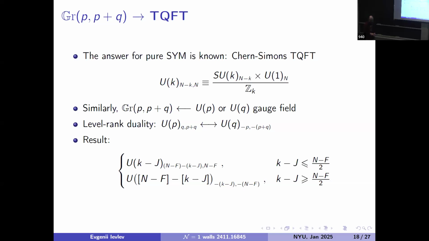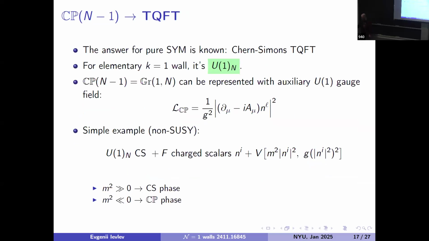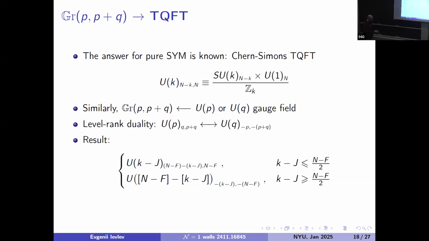But in the end, if you apply this sort of logic and try to guess what Chern-Simons theory comes at the end, in these two cases two different Chern-Simons theories come out, and then you might require a consistency condition that the answers should be equivalent.